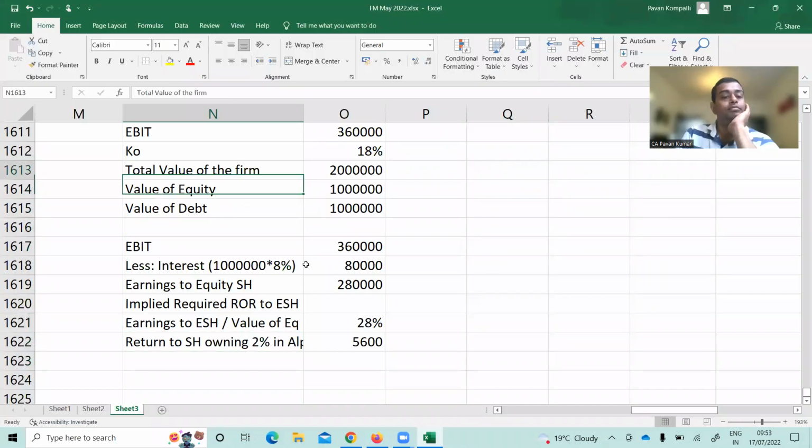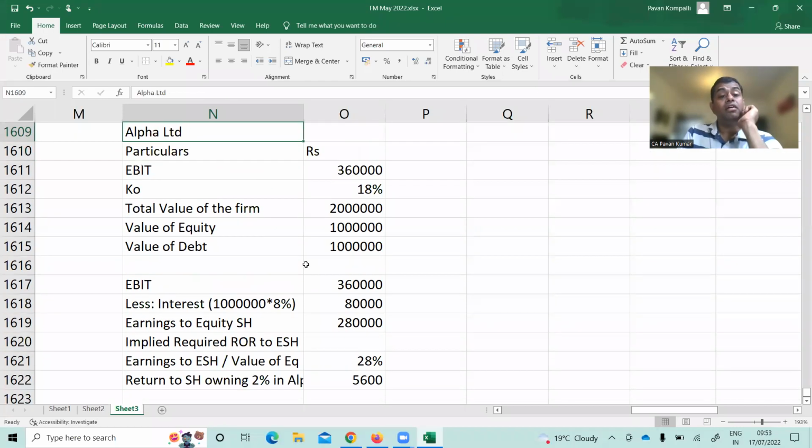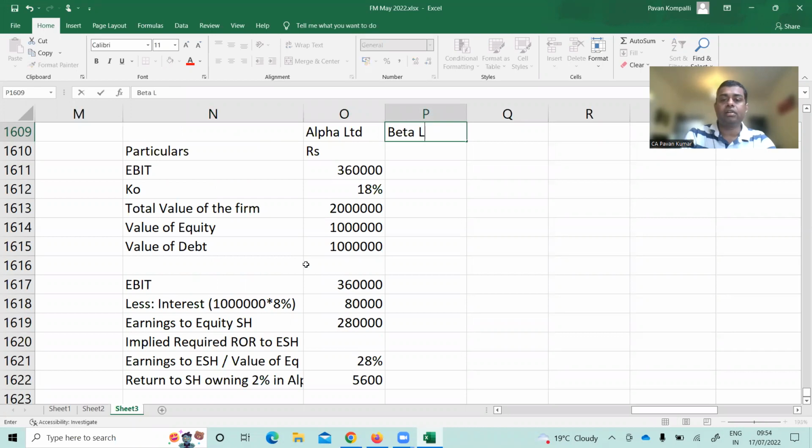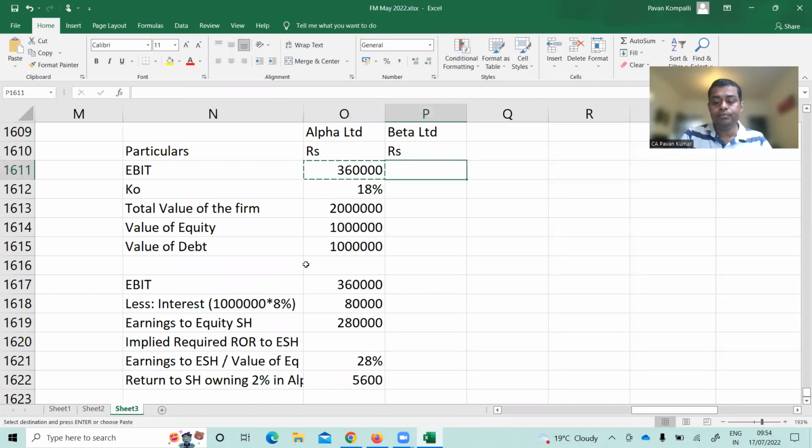Okay. Now, look here. This is Alpha. Now let me put Beta Limited here. If you want, you can prepare a new statement, same columns for Beta Limited, or you can prepare in columnar manner also. So if you look here, what will be the EBIT? Same. What is KO? Same.